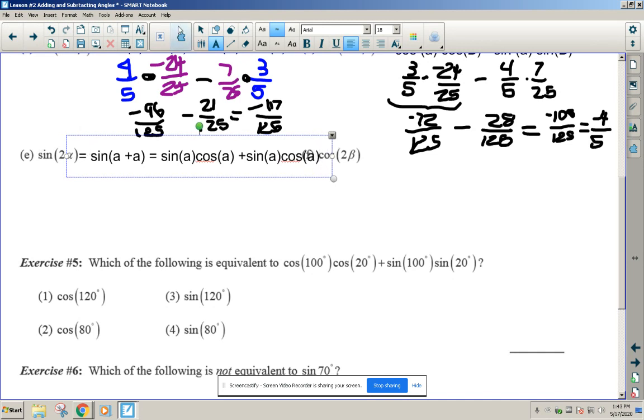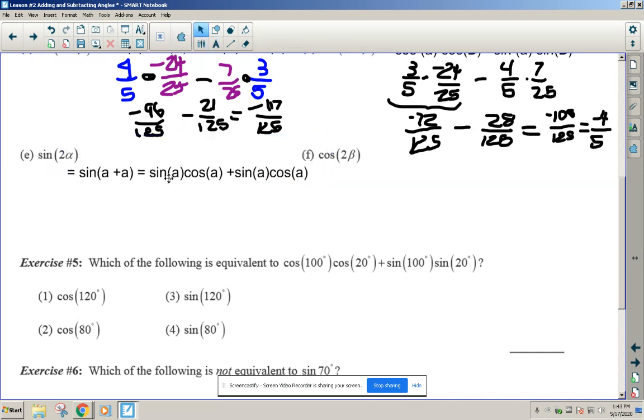I'm just going to move this down, and this is because instead of the beta being here, alpha plus alpha made everything. So this is all my sine of alpha and my cosine of alpha, 2 times.